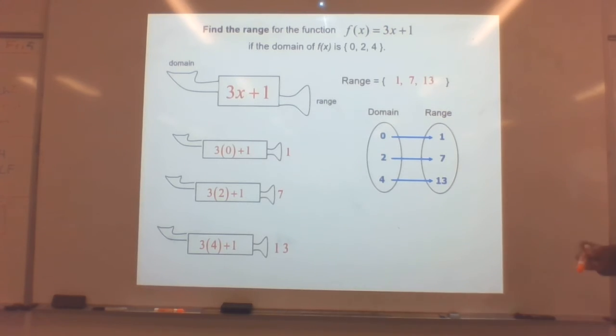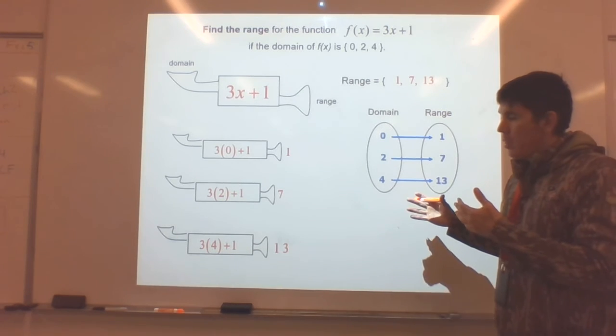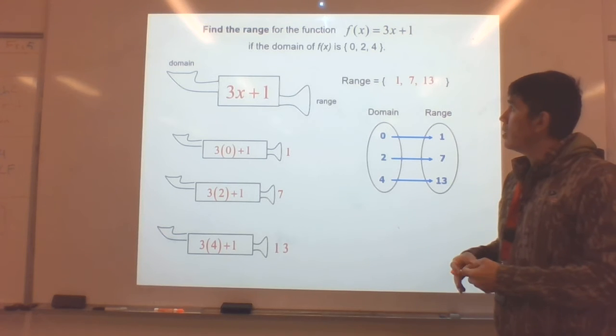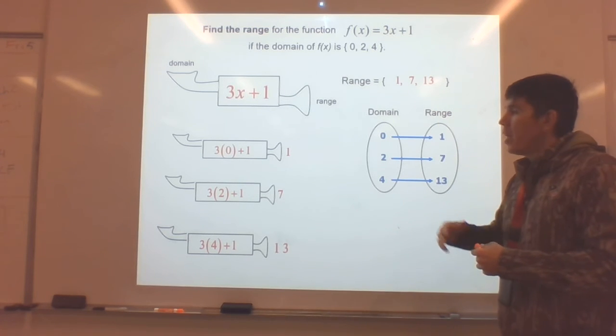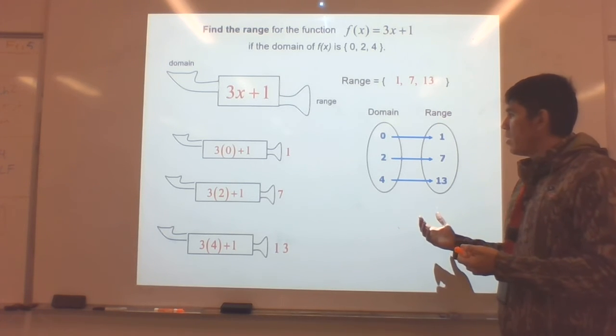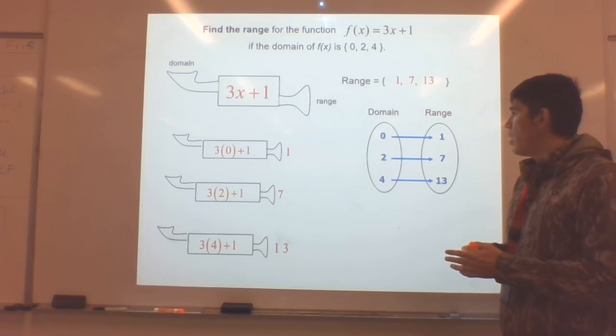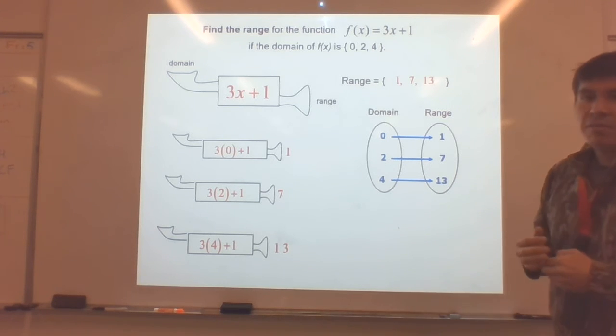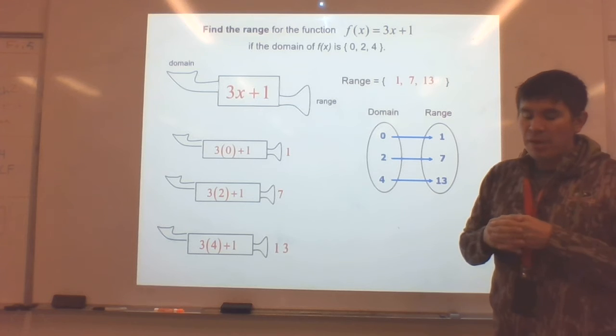So as you can see here, we are doing the input into my original function. I get my outputs, and you get a set of x values and a set of y values. In this case, this is a function. There's only one output for every input.